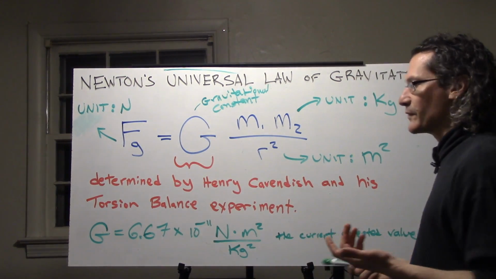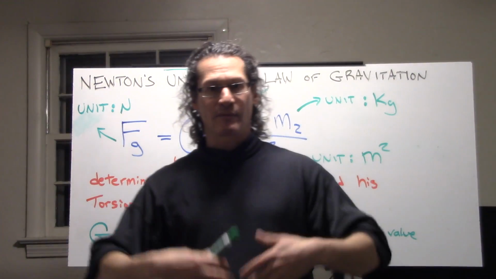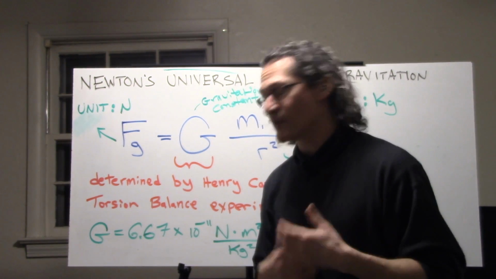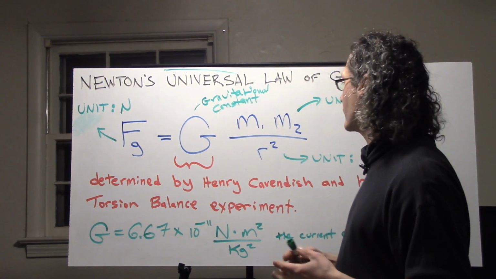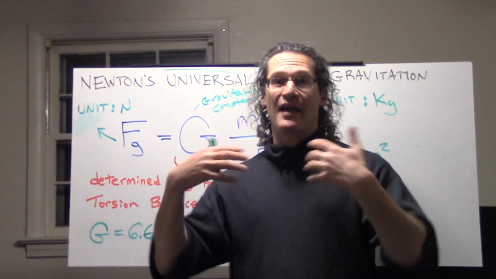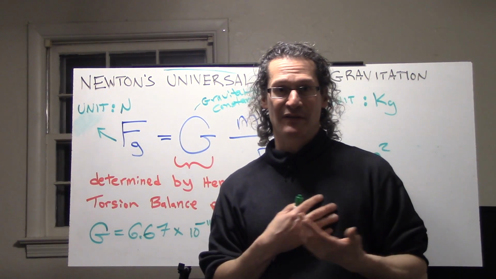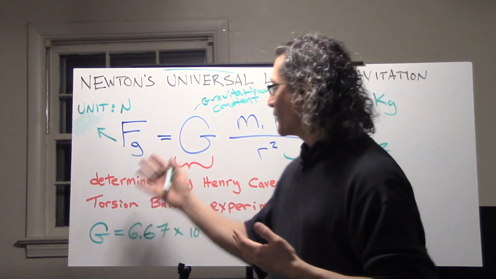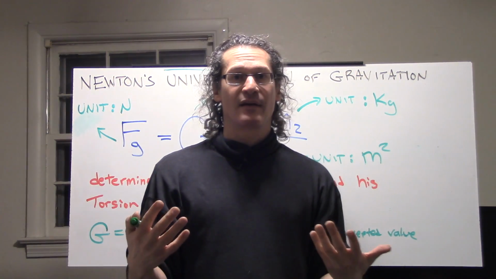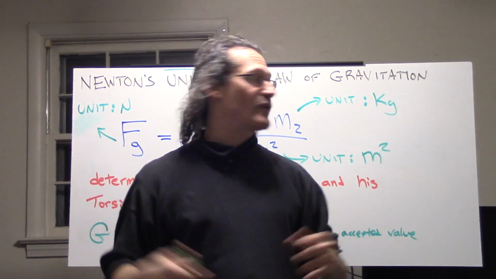This is the current accepted value. Now, other experiments have come along to maybe improve this number to a new decimal place, but this is the one that we'll use, 6.67 times 10 to the negative 11th. Great. So how does this help us answer the question that we were looking for? Well, with this relationship here, we note that gravity is a force of attraction.